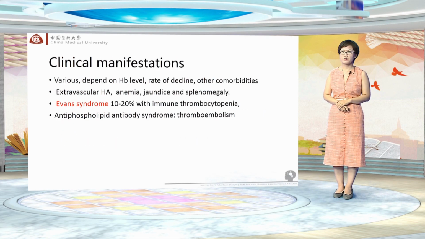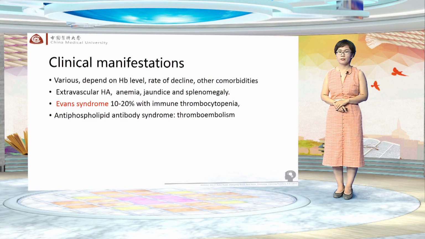Clinical manifestations are various, depending on hemoglobin level, rate of decline, and other comorbidities. The antibody is almost always IgG. Red blood cells are phagocytized by macrophages, mostly in the spleen, so it is mostly extravascular hemolysis.